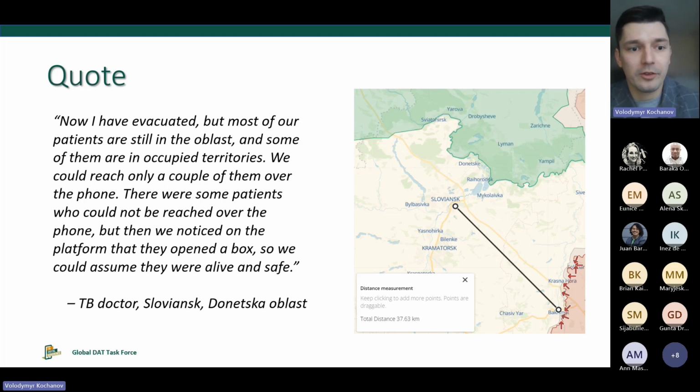In this particular case, the smart pill box worked because the TB doctor noticed the green cell on the screen of the digital adherence platform, and she assumed that the patient was alive and safe. And this TB doctor is from Slovyansk, Donetsk region of Ukraine, which is 37 kilometers from the front line, as you can see on the picture.